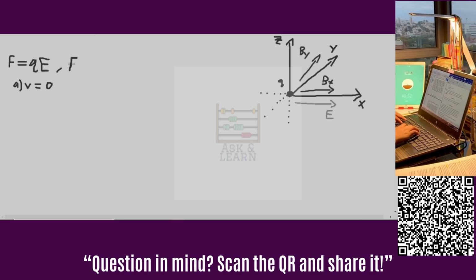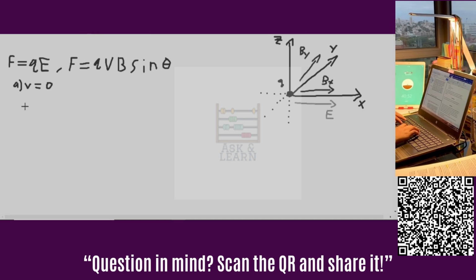So we have magnetic field force is equal to charge times the velocity times the magnetic field times sine of theta, the angle between the velocity and the magnetic field. Those are the two vectors in this equation, velocity and magnetic field. Q is a scalar quantity.